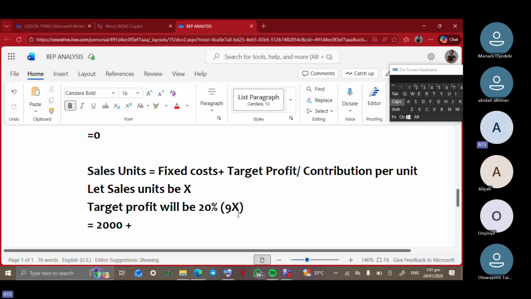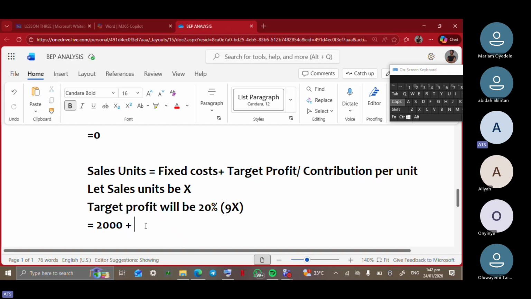Your total sales is 9x, that means your selling price times the total number you are selling. This x is what we are looking for, but this 9 is there. Does anybody have any question? Should I go back to that or can we move forward? Okay, I will take your silence as a no.